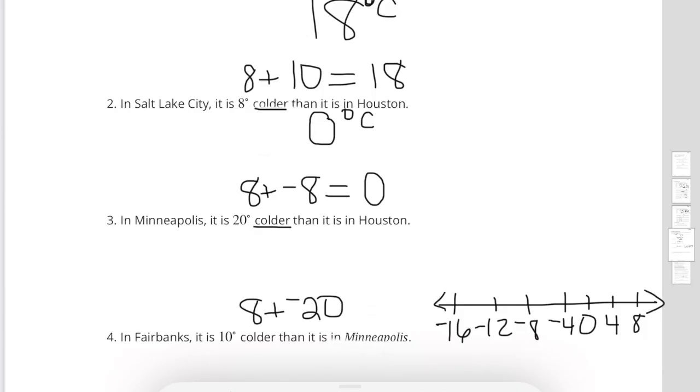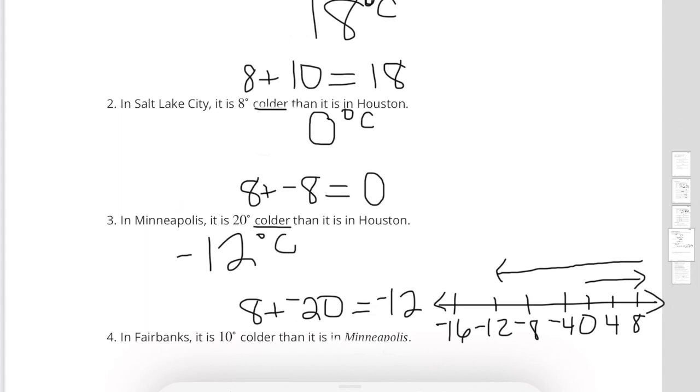My first arrow would go from 0 to positive 8. I'm moving 20 degrees to the left. So there's 4, 8, 12, 16, 20. And I end up at negative 12. So in Minneapolis it is negative 12 degrees Celsius.